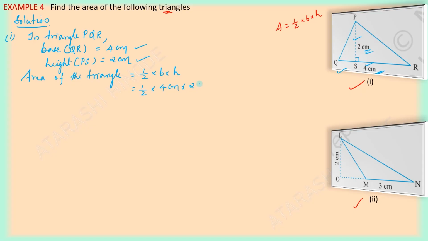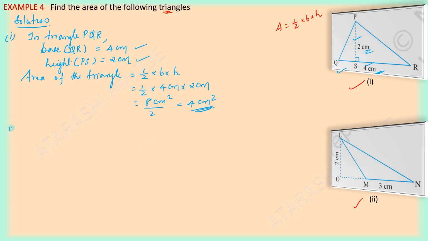That is equal to, here we can cancel these 2, or we can write like this also, that is 4 into 2, it is 8 centimeter into centimeter, it is centimeter square divided by 2. Now what is 8 divided by 2? It is 4. So it is 4 centimeter square. So area of this triangle is 4 centimeter square.